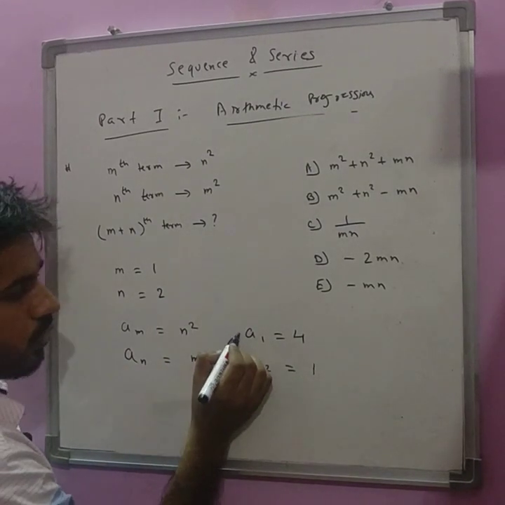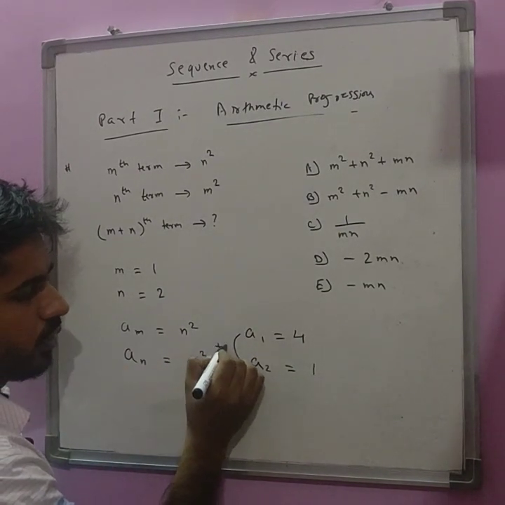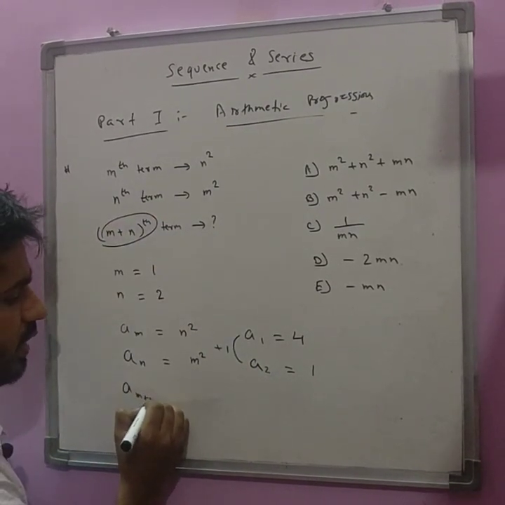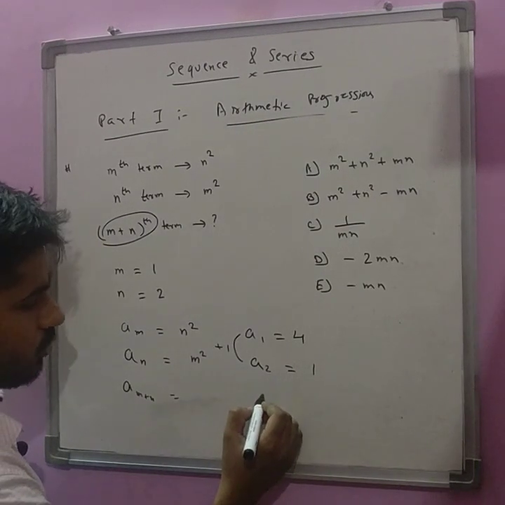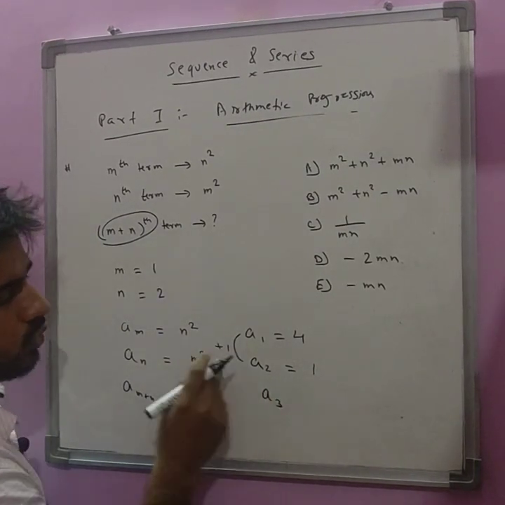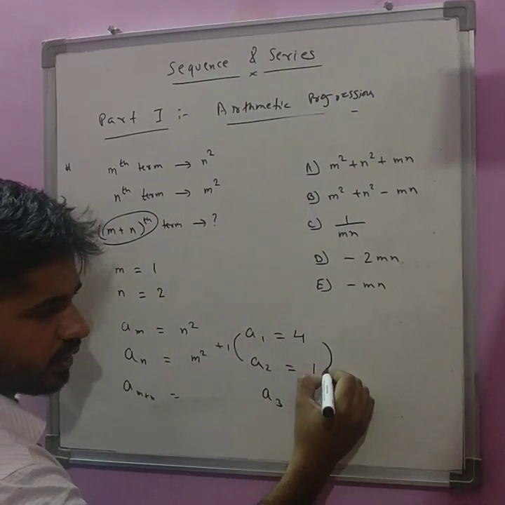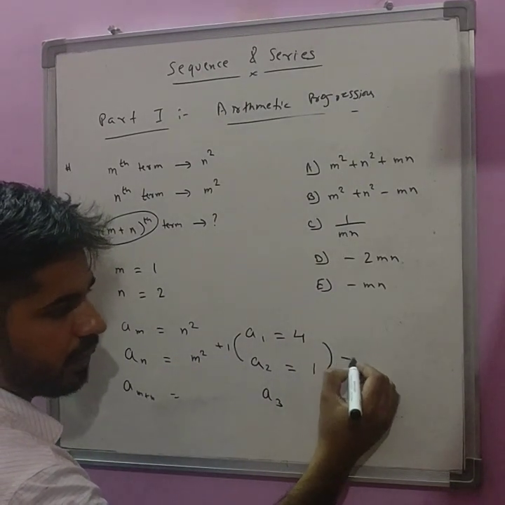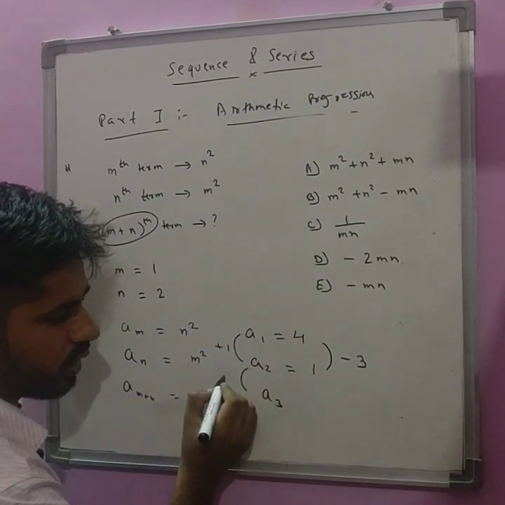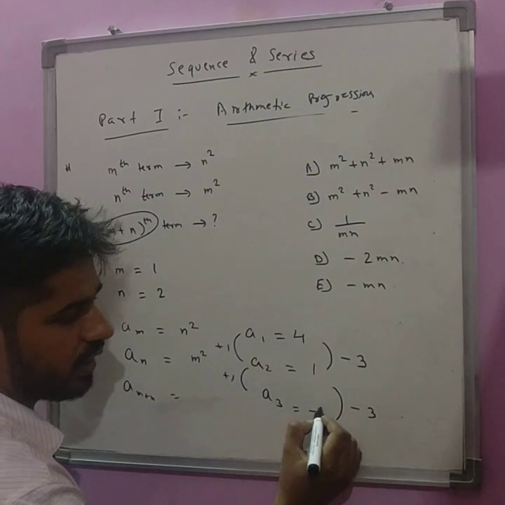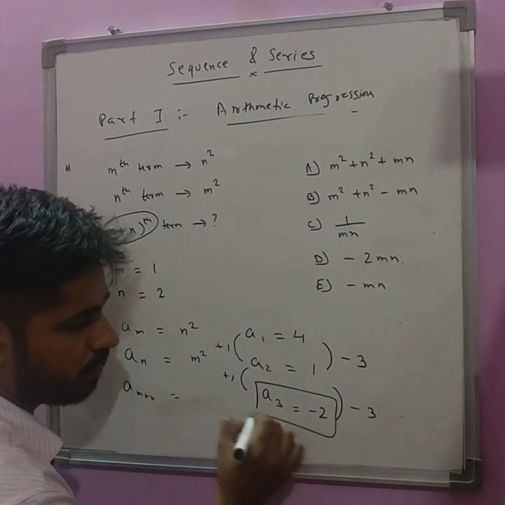So for the first two terms there is a jump of minus 3, and you have to find the value of the (m plus n)th term, that is, the third term. Again for the next jump, if I subtract 3, I would get minus 2. So my answer is minus 2.